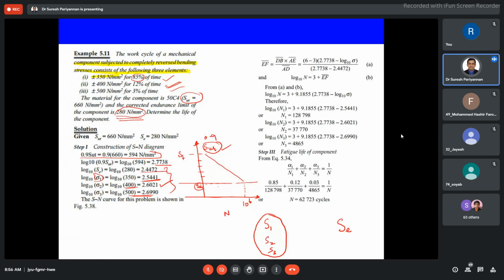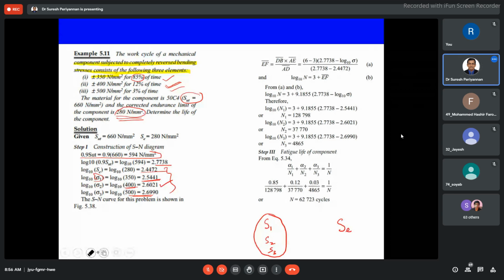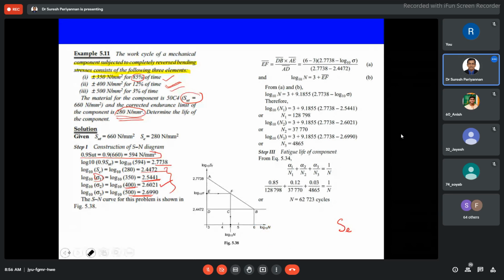Now first I remove this. Now I come to the SN diagram. In the SN diagram, we know this is maximum based on SUT.